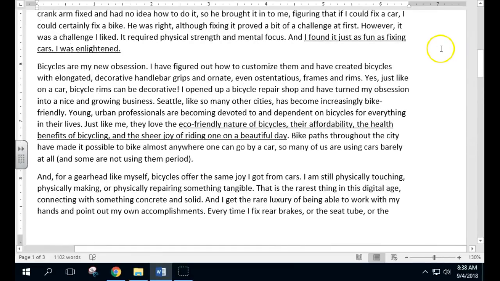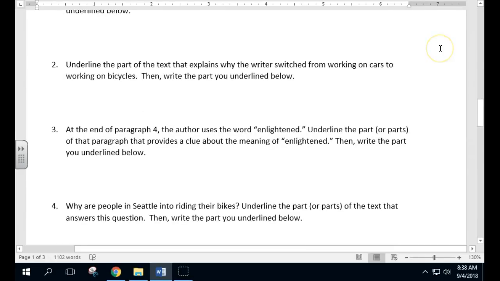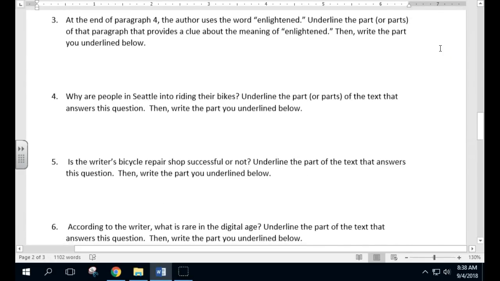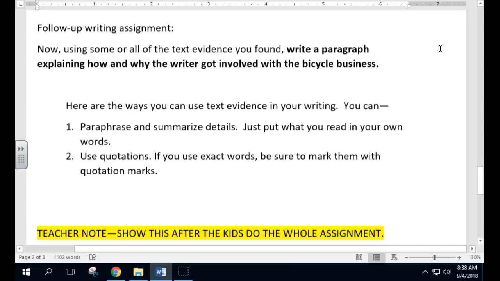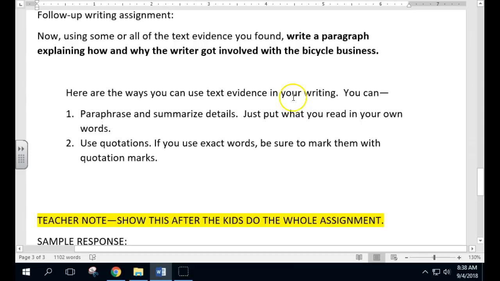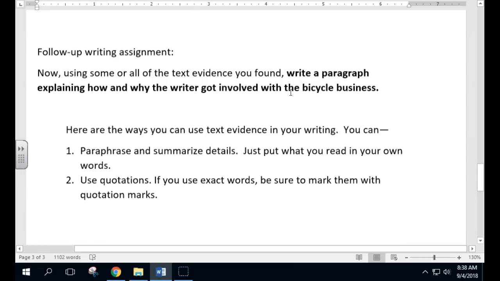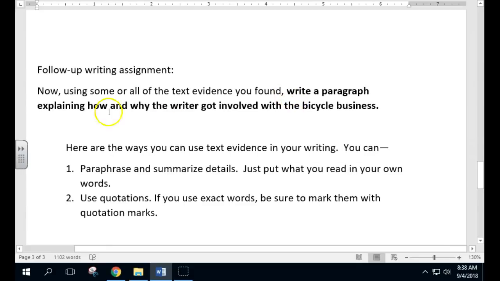Now normally you wouldn't have instructions for annotation, but what you would probably have is the question. We were going through this process step by step this time, but normally you would have this question, which again is, using some or all of the text evidence, write a paragraph explaining how and why the writer got involved with the bicycle business.